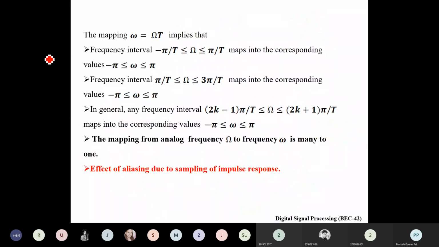Similarly, we can consider the mapping of analog frequency in terms of digital frequency. This is the digital frequency, and this is the analog frequency.